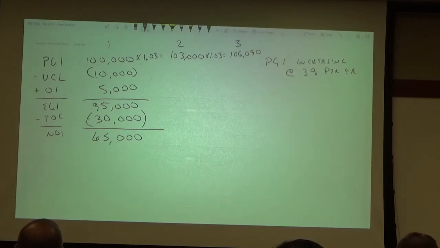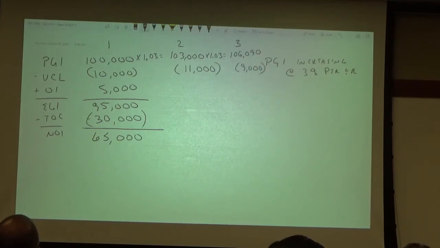Now, you may or may not have a change in your vacancy and collection loss from one year to the next. It could very well be that the following year it goes to $11,000, but then the following year it goes down to $9,000.